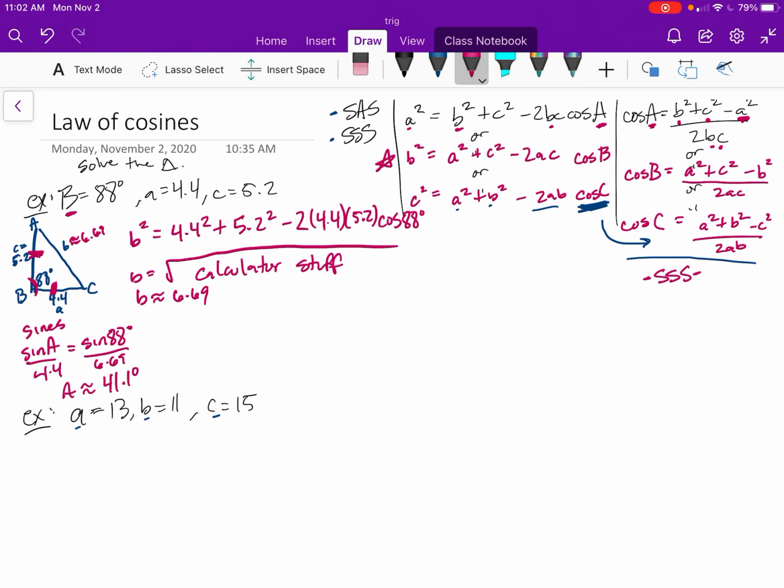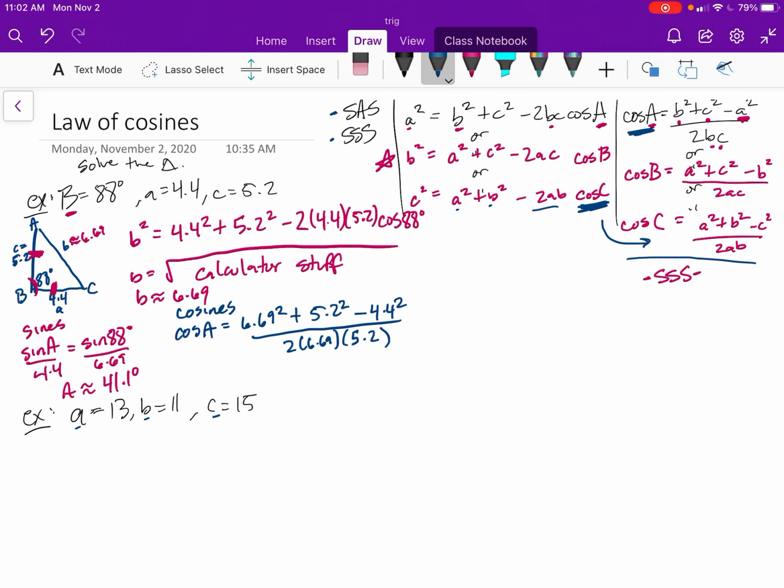Okay. Or you could have stuck with the law of cosines and used the formula to get A. Cosine A equals B squared plus C squared minus A squared over 2BC. So now that I know B, it's 6.69 squared plus C squared, 5.2 squared, minus A squared, 4.4 squared, over 2 times B times C, 2 times 6.69 times 5.2.